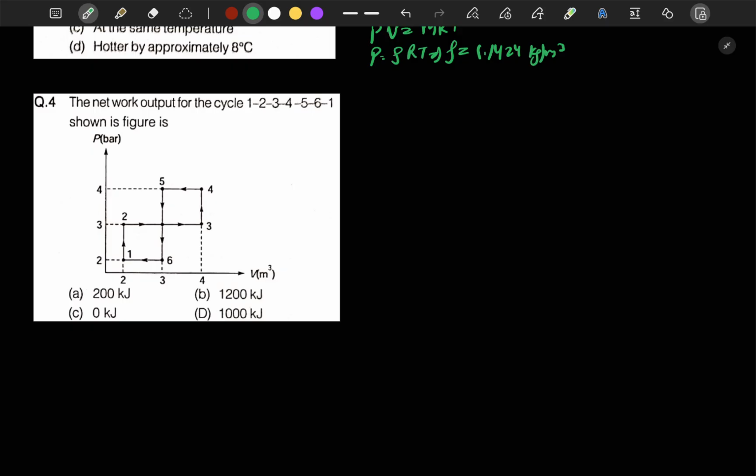One more thing I would like to mention here: for a cycle, if we consider from point 1 to point 2, then 2 to 3, 3 to 4, 4 to 5, 5 to 6, 6 to 1, if it is an expansion process you should consider it as positive. If it is a compression process, you should consider this as negative.